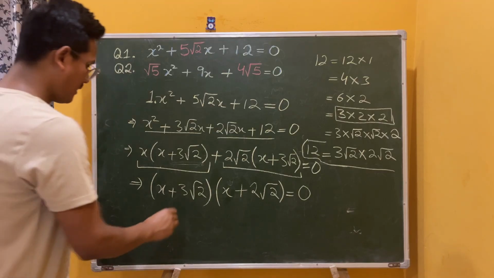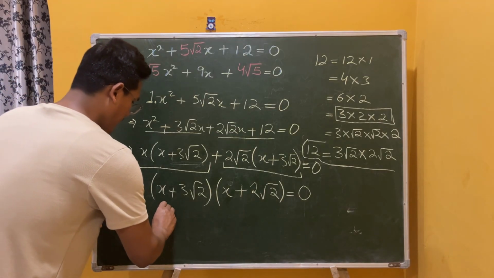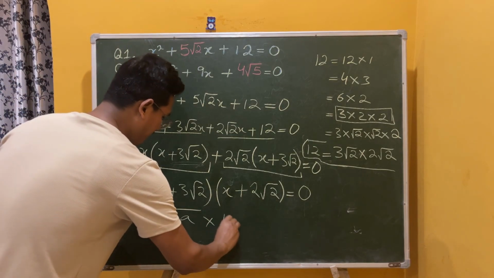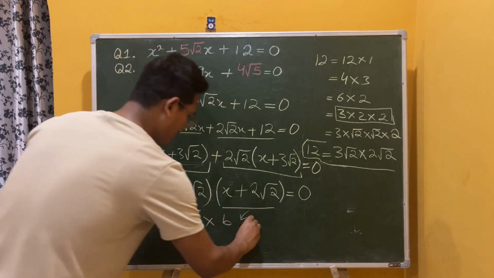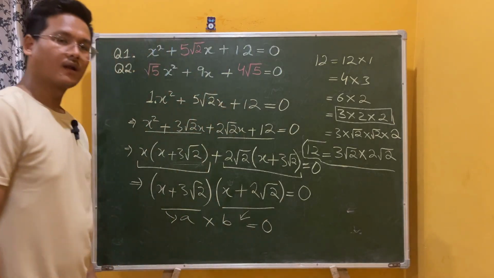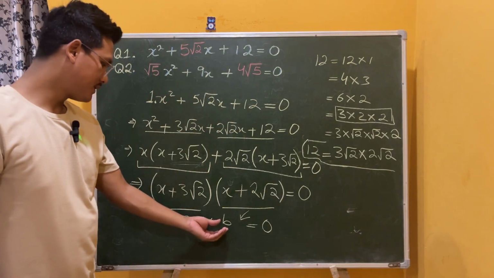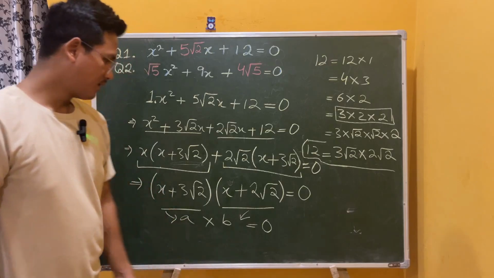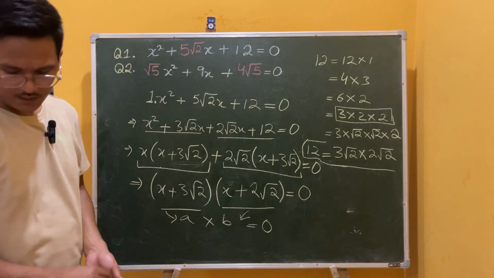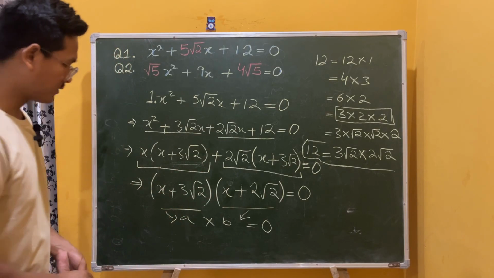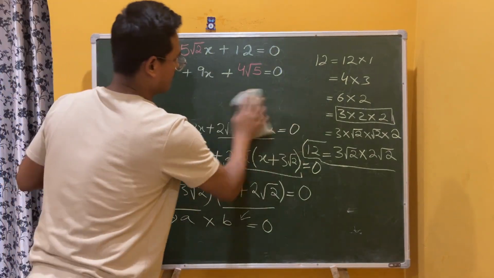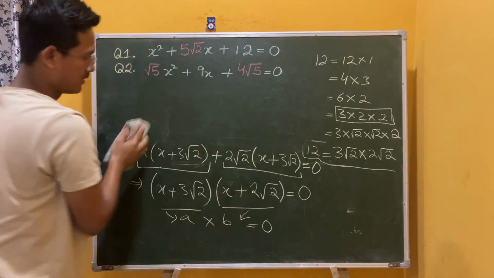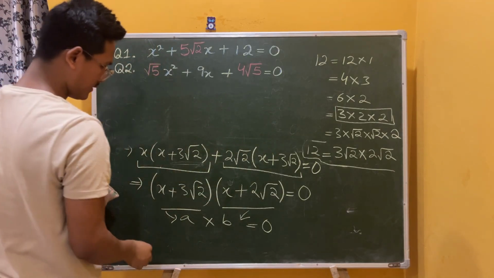Next, it's like a into b, let's say this is b and this is a, equals 0. When you multiply two numbers and the product is 0, one of them has to be 0. This is the concept we need to use here.